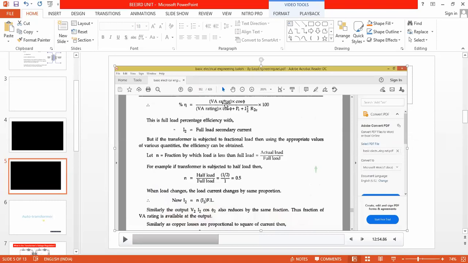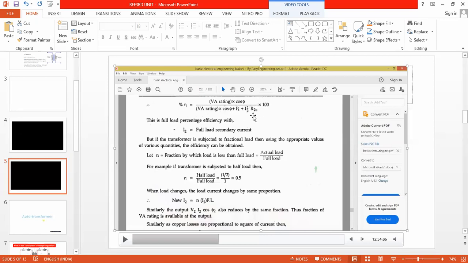So from today onwards, please remember the formula for efficiency. Efficiency of a transformer equals VA rating into cos theta, divided by VA rating into cos theta plus the losses we have: iron loss plus copper loss. Copper loss I can also write as I squared R or I2 squared R02.